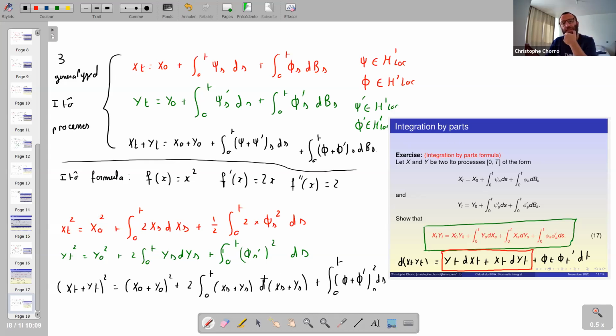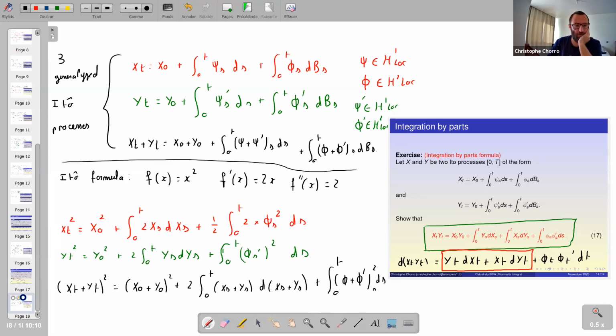So what I have written here is the Ito formula 3 times, for these 3 generalized Ito processes applied for f of x equal to x squared. I applied the same formula 3 times and I obtained this.